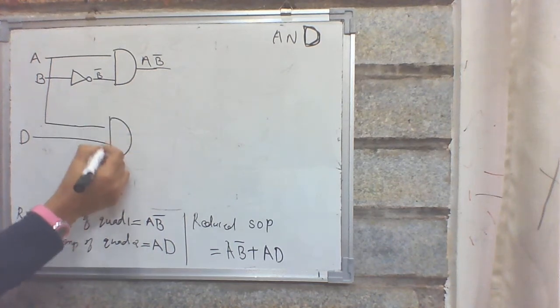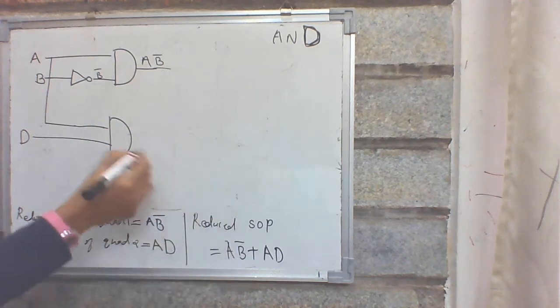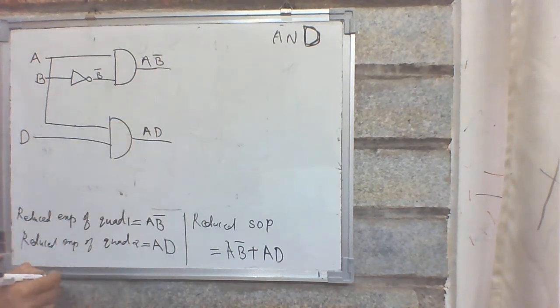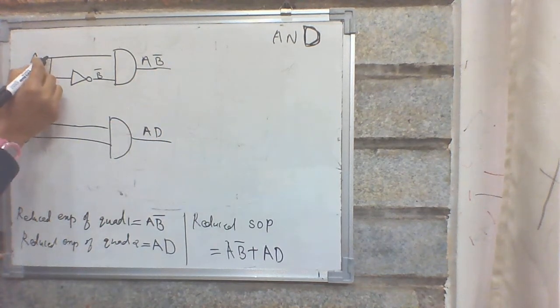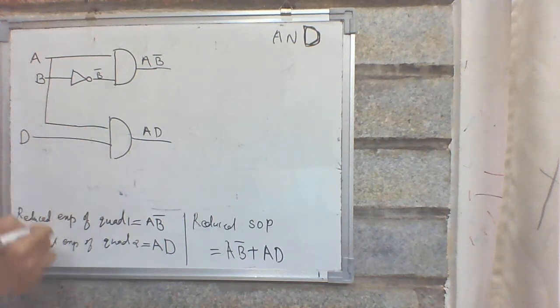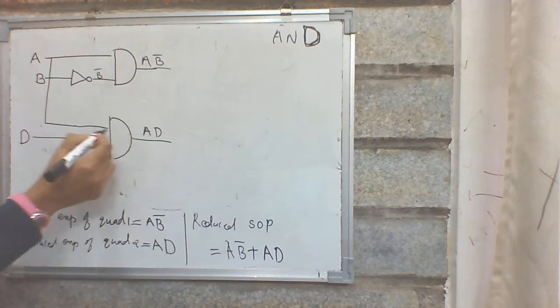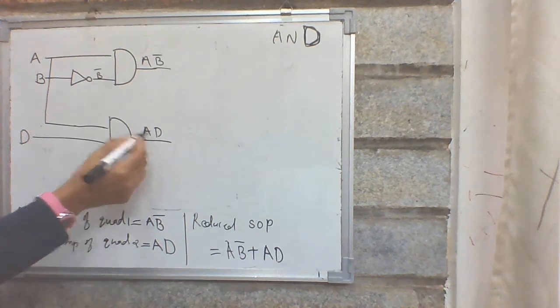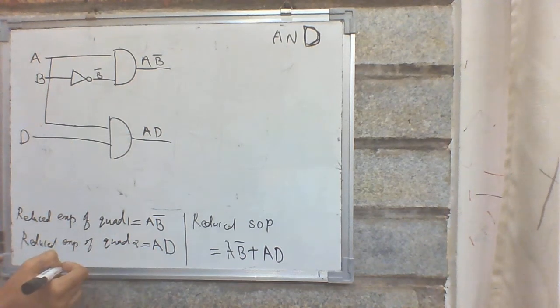AND gate. For representing AD, we need AND gate. Now we got the output AD. So first A is there, so we took that A from here. Then next D, AND gate here. One input is A. Second input is D. So the output is AD.